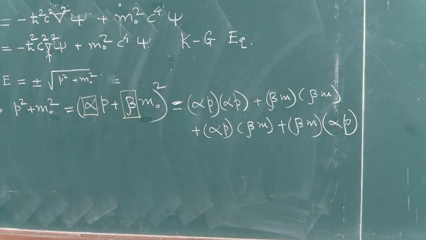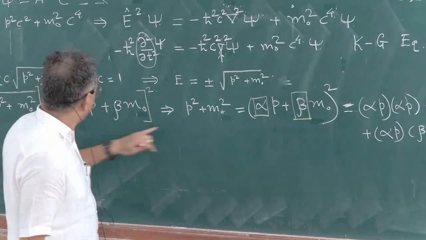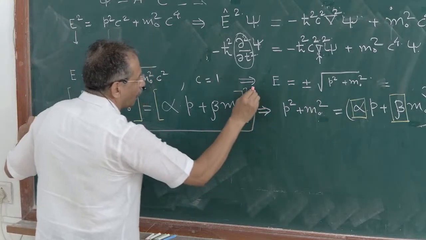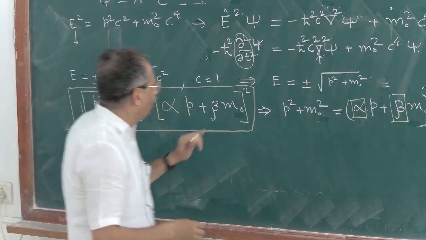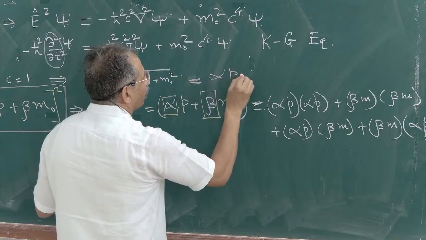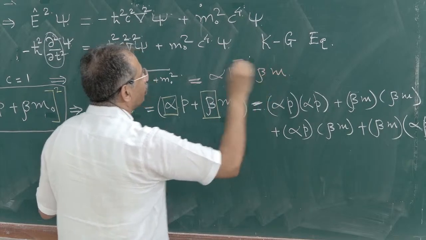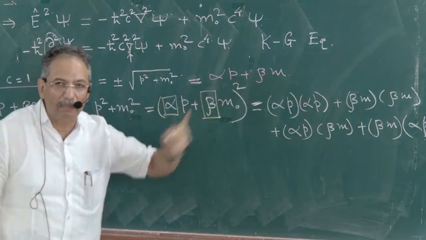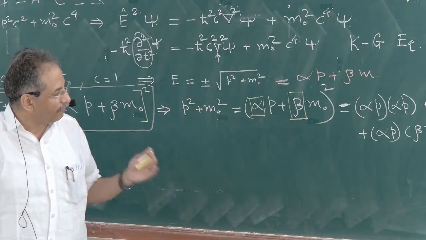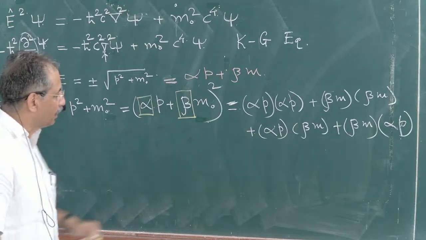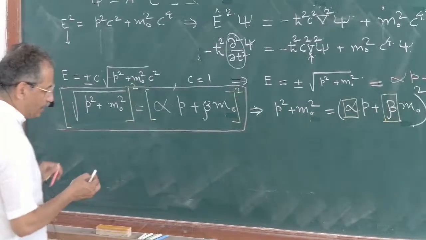Now, we can write this simply as alpha p plus beta m. Now, E is equal to alpha p plus beta m. This will be a linear equation of first order. However, we are encountering this situation wherein what we expect is that alpha into alpha relates to alpha square.